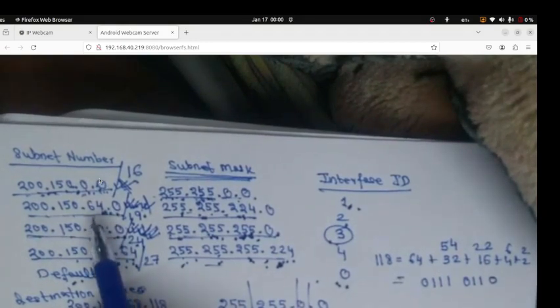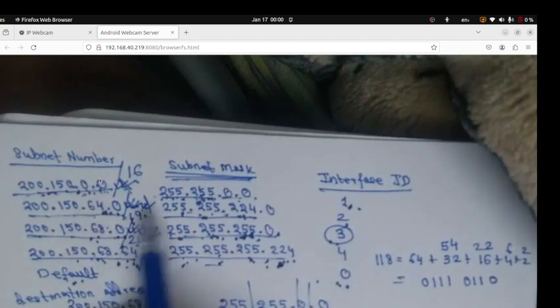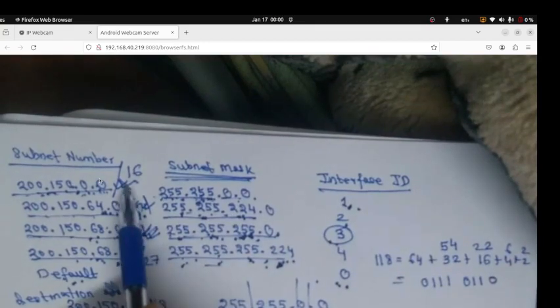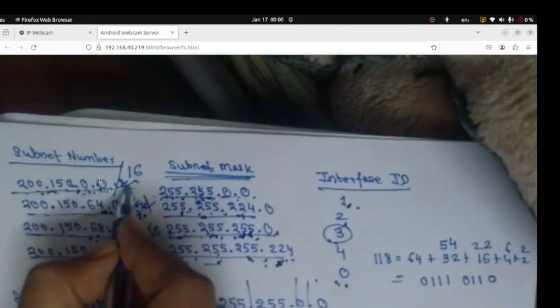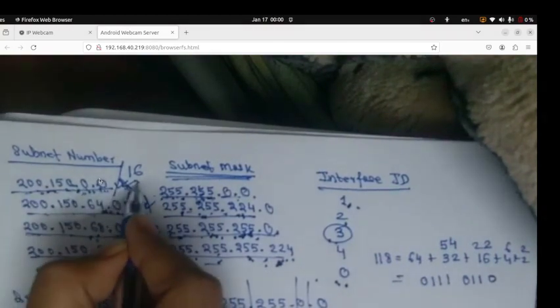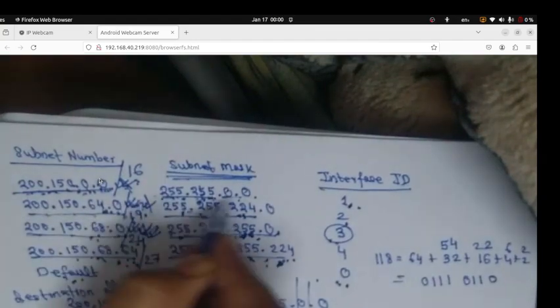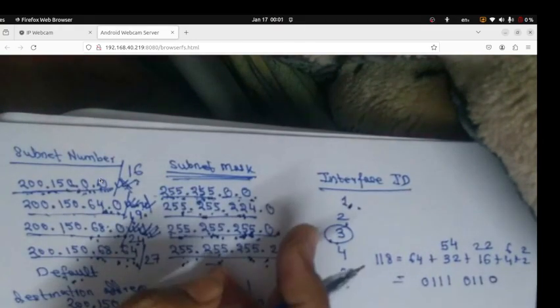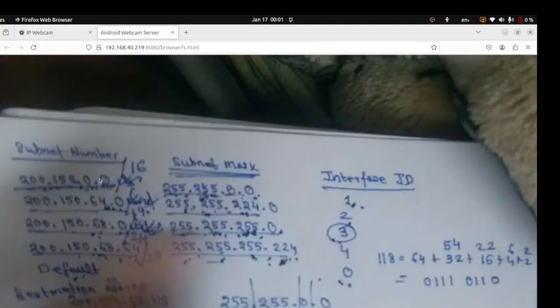If it is the longest match, then we will select the corresponding interface ID. So here, either we can write the entries in the routing table using this notation like 200.150.0.0/16, or we can write the network address and the subnet mask. In any way, we can write the entries. Okay. So, thank you.